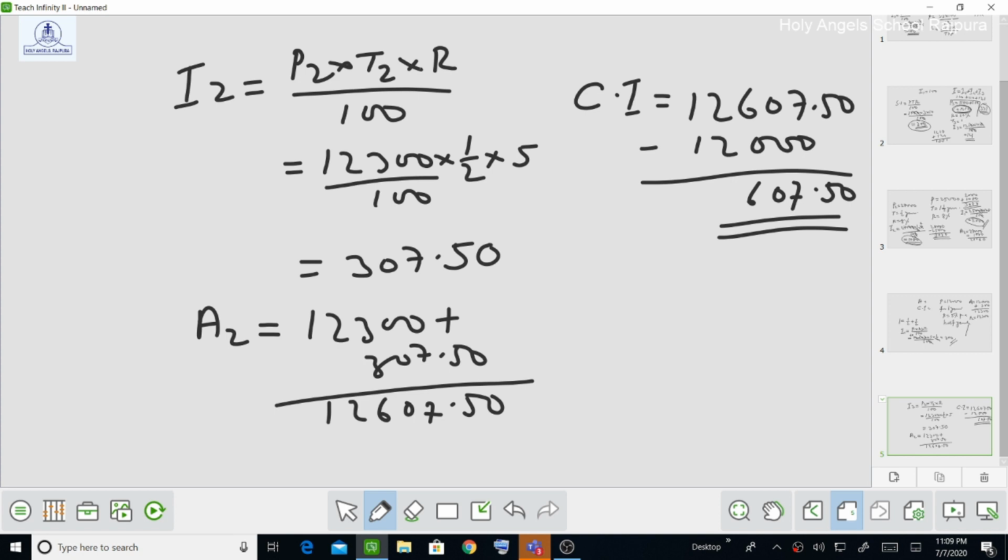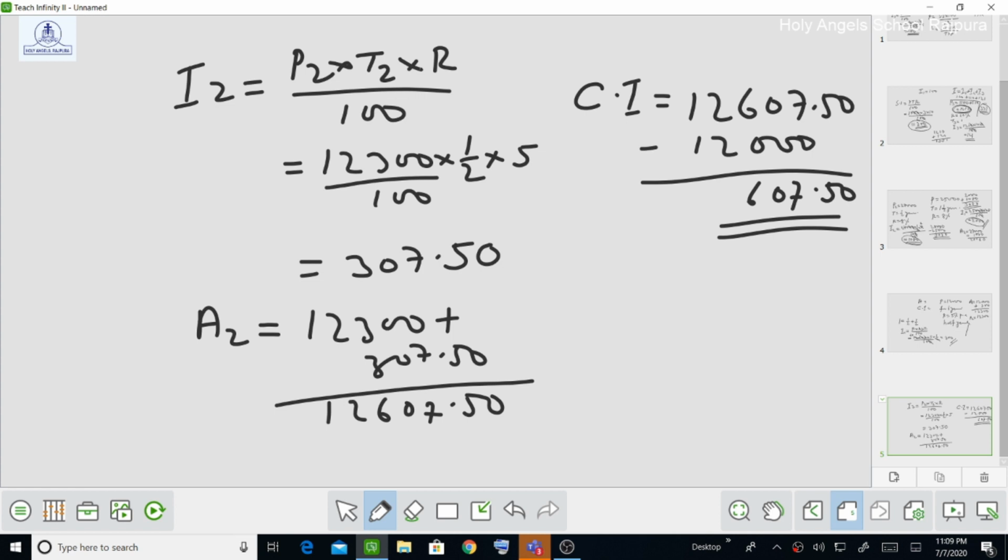When the interest is calculated half yearly, the compound interest becomes 607.50. Now let us calculate one more with a half yearly rate, with another question.